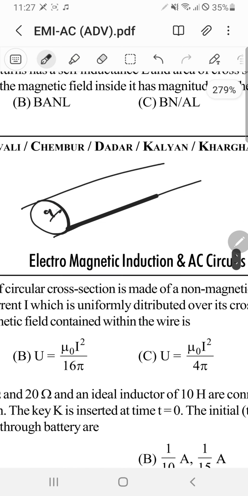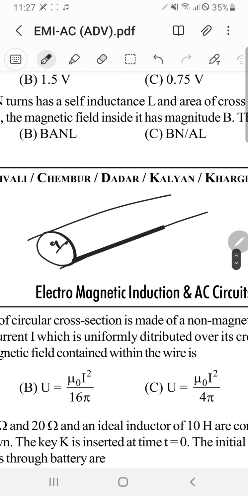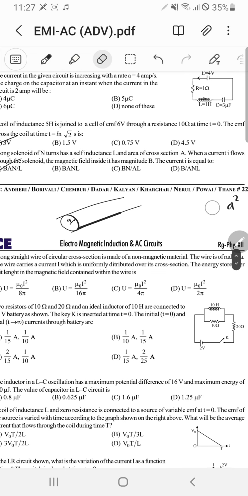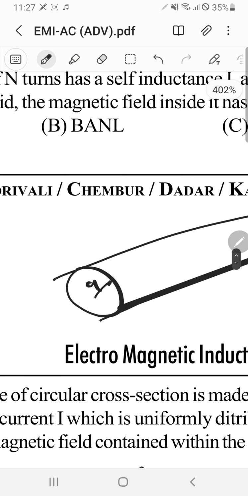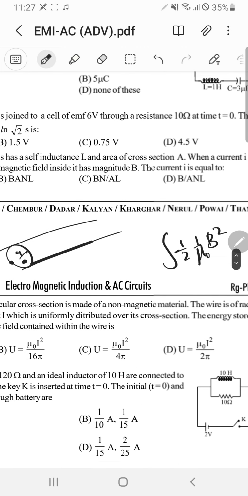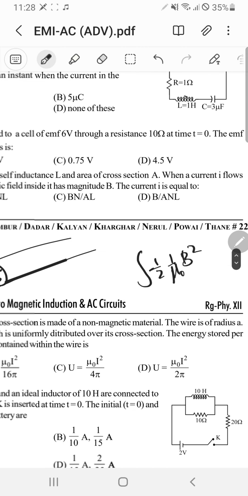So the current, magnetic field, which magnetic field are we talking about? This is stupid, because the density at this point is different from the density at this point, since the magnetic field itself is different. So really we are talking about the integration of half 1 upon mu naught B squared, times the elemental volume.